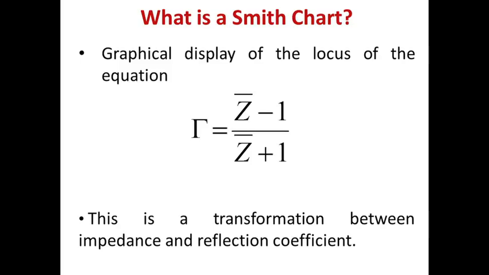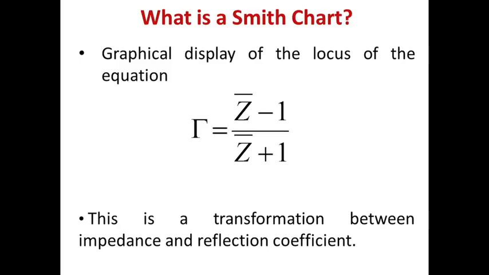Now, if we plot this formula, and vary one of these, either reflection coefficient or impedance, we see how the other varies. When one of the parameters of any display is varied, we get various points, and if they are joined, that is called a locus.